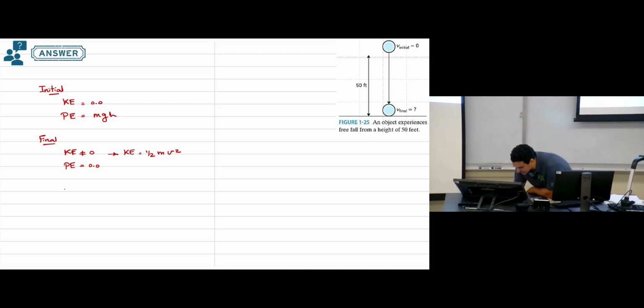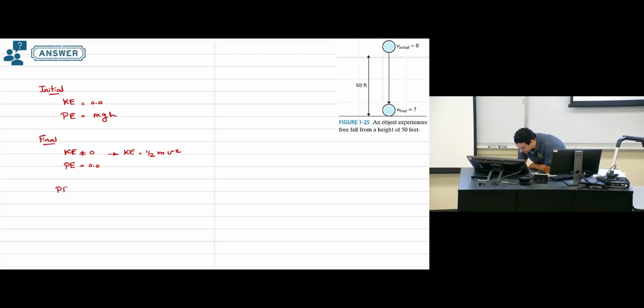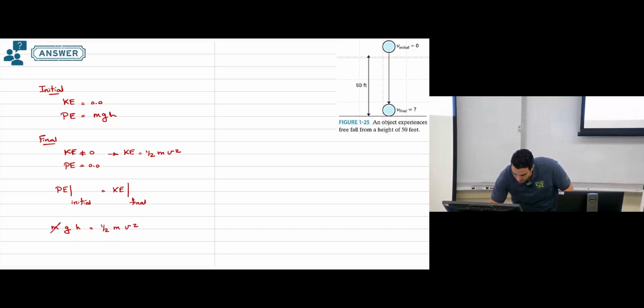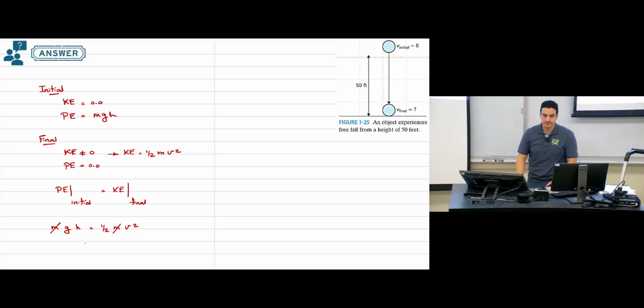So we say that the potential energy this body has initially equals the kinetic energy this object has finally. So we have mgh equivalent to half mv squared. We have the same object, so we have the same mass.